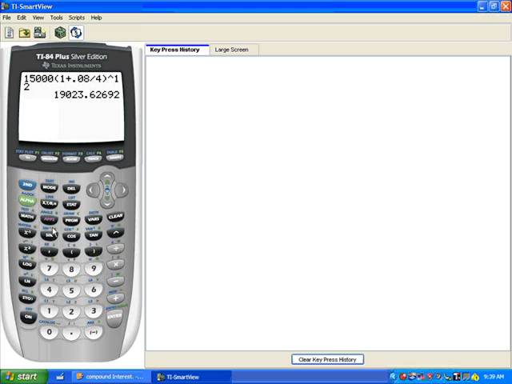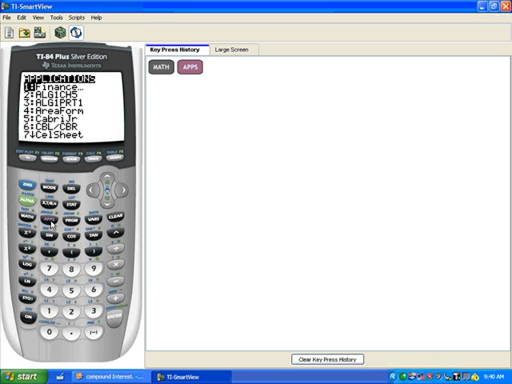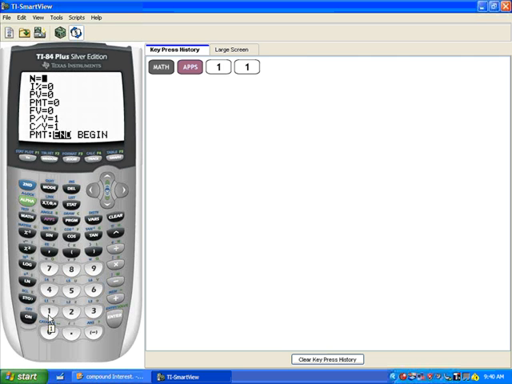Actually, probably an easier way to do this would be under apps. Yeah, let's go under apps. There it is. Under apps, option number 1 is finance, and option number 1 there is TVM Solver, and the TVM Solver is what we want to use.